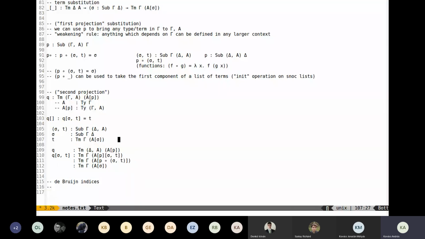And this is already kind of non-trivial, because the reason this rule is even well-typed is because we are appealing to some equations which we introduced previously. So here we are appealing to this equation, and here we are appealing to the P composition equation. And this comes up in many places.